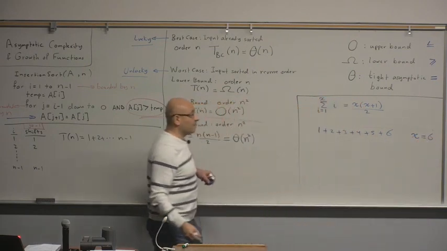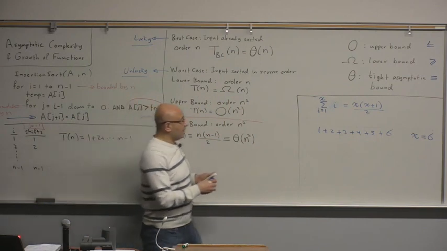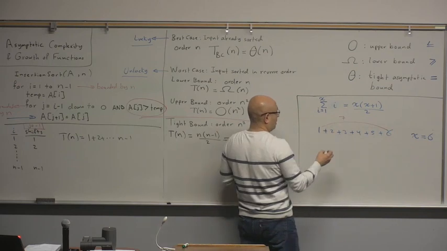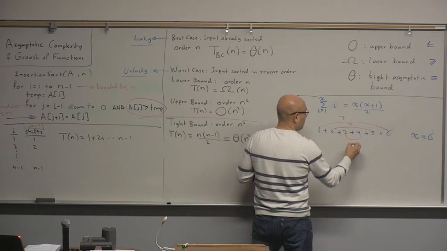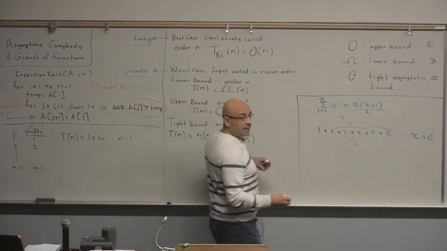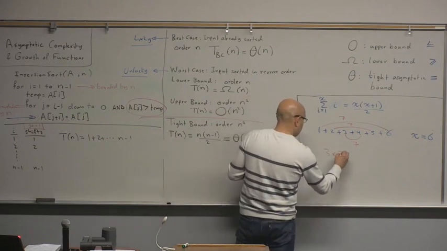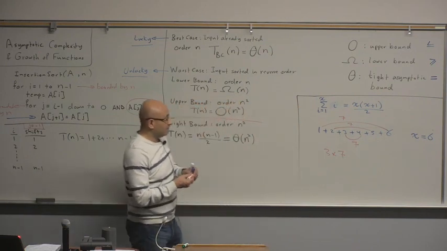You are adding the numbers from 1 to 6. Now, how do I add these? I can say 1 plus 6 is 7, 2 plus 5 is another 7, and 3 plus 4 is another 7. So how many 7s do I have? 3 sevens, so 3 times 7. Now what's the relation between 3 and x?